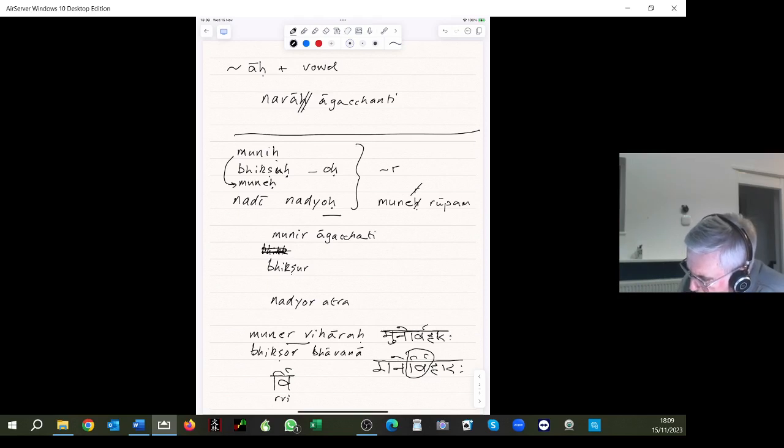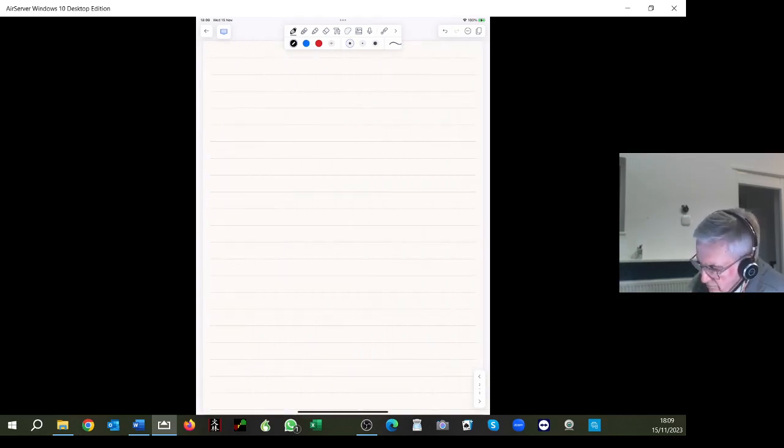Now, let's take a sentence like: the Muni sees the rupa. Muni rupam pashyati. Now, this visarga wants to change to an r before a voiced consonant, but the voiced consonant is itself an r, can't have a double r.